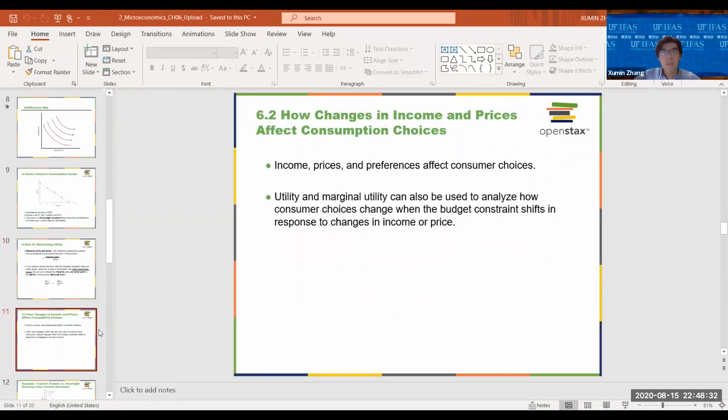Today I'm going to continue the discussion. Make sure that we understand that if we have changes in income, that means our budget constraint changed, right? And also if the price changed, how will this affect the consumption choice?